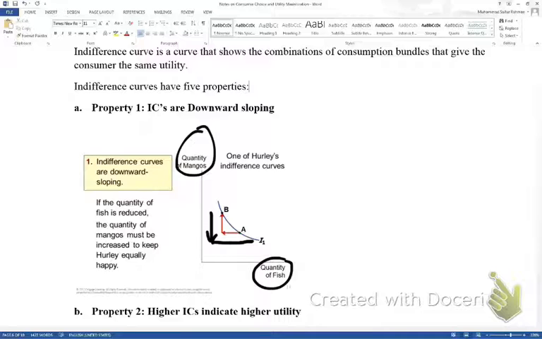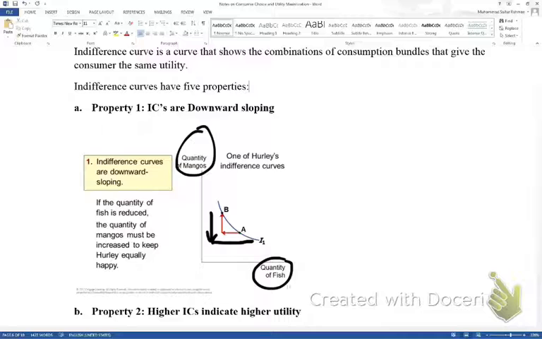So there is a trade-off between fish and mango that can keep you at the same utility level. This is assuming that the prices don't change.